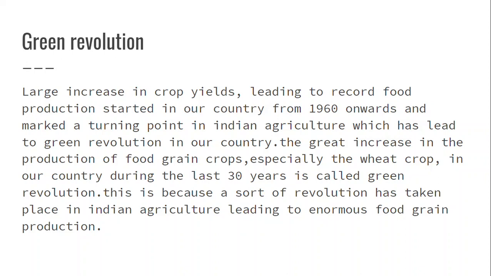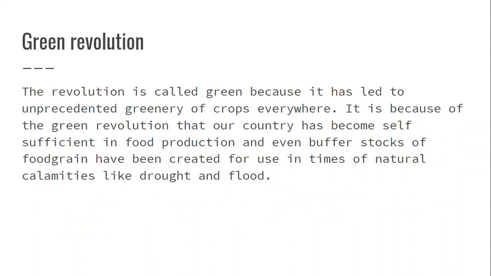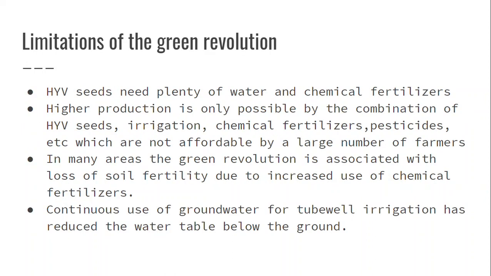Now, the period from 1960 to 1980 is also called the golden era for the record food grain production. It is because of the green revolution that the country has become self-sufficient in food production, and even buffer stocks of food grain have been created for use in times of natural calamities like droughts and floods. But there are a few limitations of the Green Revolution, four main ones.